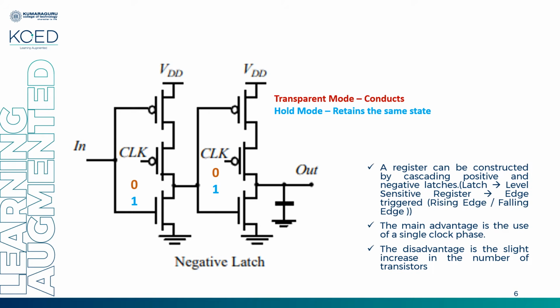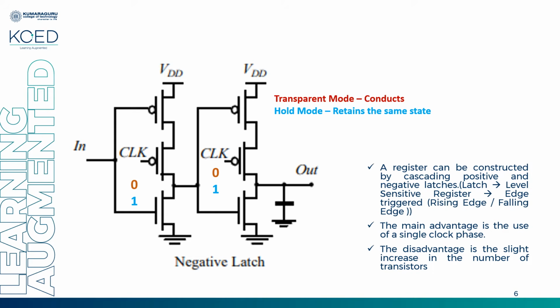Edge triggered means your output will be obtained when you encounter a rising edge or a falling edge. Rising edge means 0 to 1, falling edge means 1 to 0. So level triggered means the output responds depending on your input level. Edge triggered means the edge condition of the input, whether it is at a rising edge or a falling edge, at that instant of time you can see the response at the output.